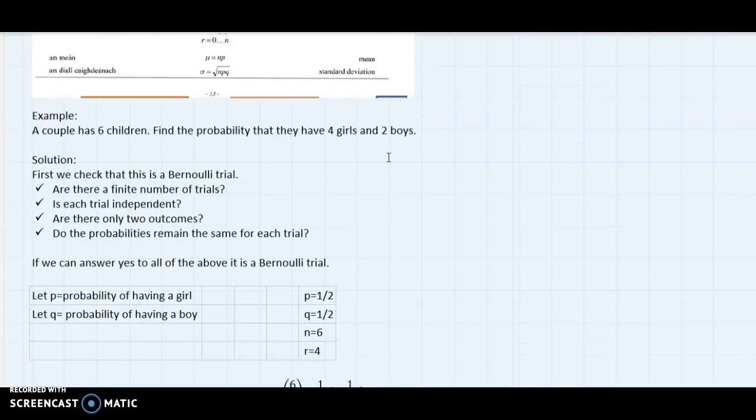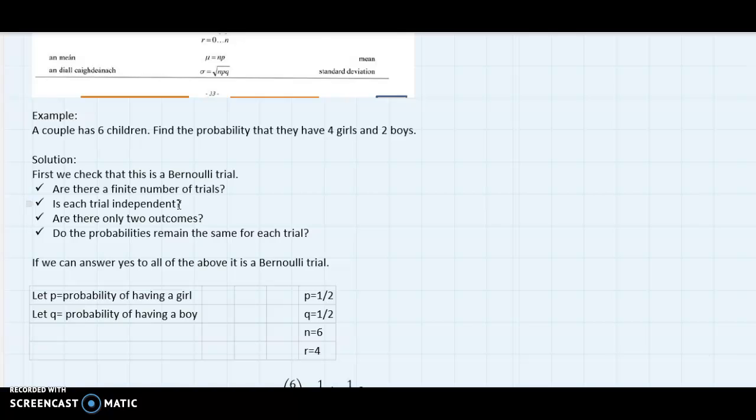Now, here's our first example. A couple has 6 children. Find the probability that they have 4 girls and 2 boys. First thing you need to do is check, is it a binomial or Bernoulli trial? So, are there a finite number of trials? Yes, they have 6 children. Is each trial independent?